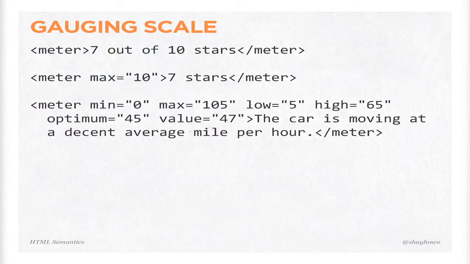So gauging scale: movie reviews, book reviews, things like that. We can use this meter element to tell computers and users, hey, this is a fixed measure here. So say I review a restaurant, I can give it a rating.